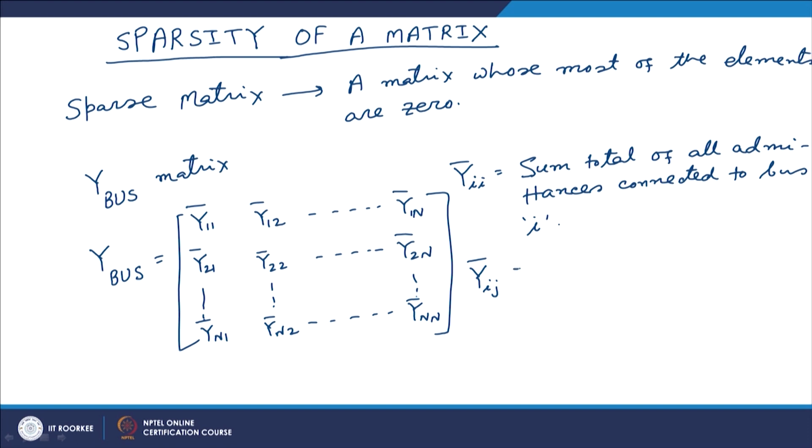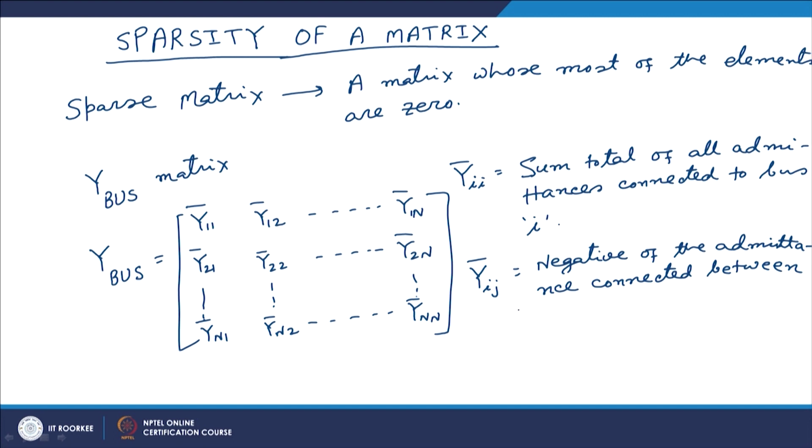Y I j is nothing but the negative of the admittance connected between bus I and bus j.